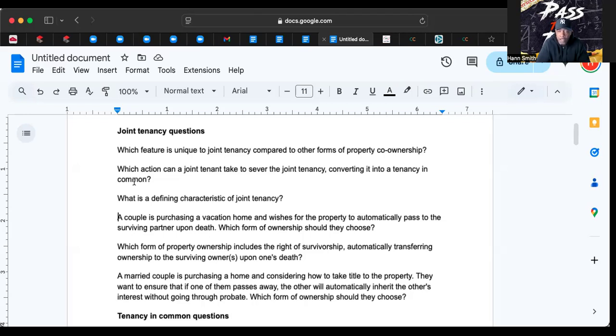If you are getting into a situation with someone, it may be a brother, a friend, or family members, and you want to make sure that your interest or their interest automatically passes to one or the other without any type of probate litigation, you definitely want to go with joint tenancy.